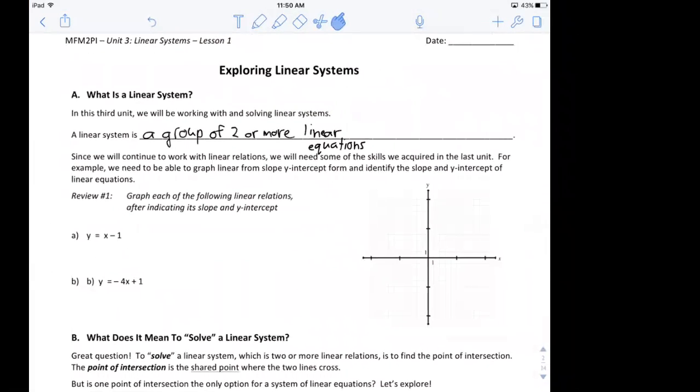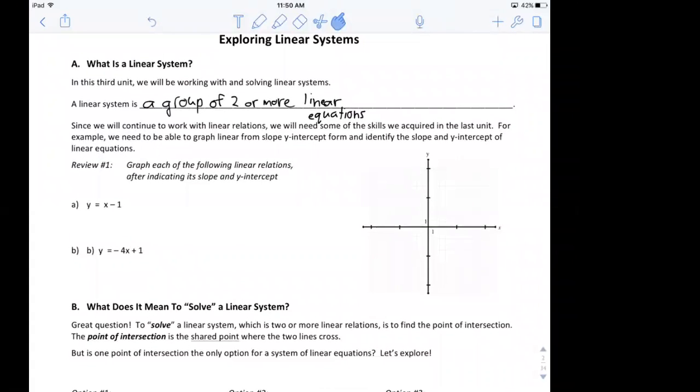And so today, to explore them, all we're going to do is actually just graph out different linear lines. In other words, graph out different lines and see what happens and what different ways they could possibly intersect one another. So the first one we have is y equals x minus 1.